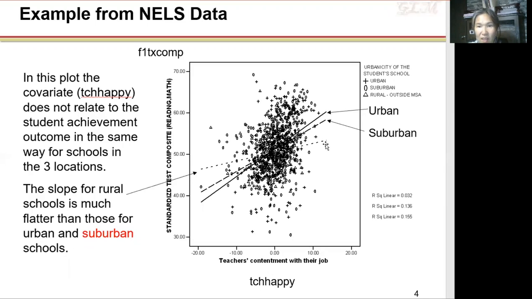So this dotted line is the rural school slope, and these two lines are urban and suburban. So if we just average all of the urbanicity levels, it's going to be something between the two.